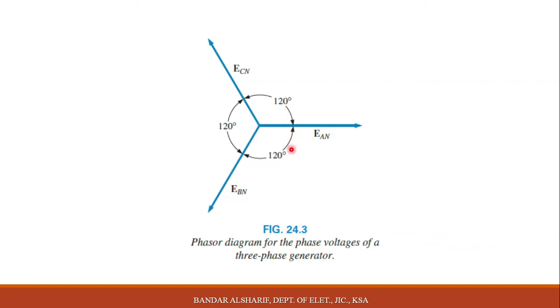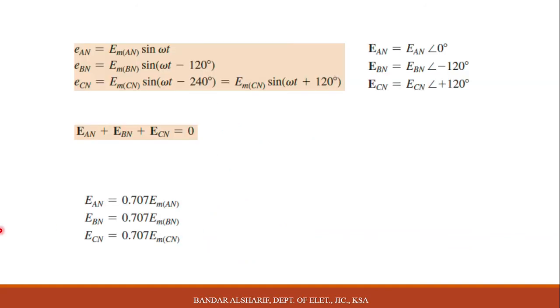This means if we go clockwise, it is minus 240 for ECN, and for EBN it is minus 120, or you can write it plus 240. You can see this in some books.